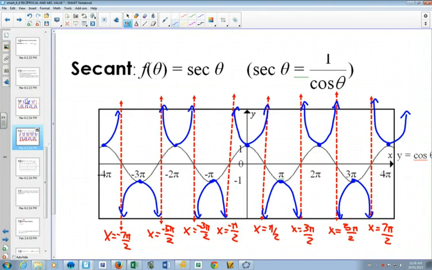And if we think about a point that we know on our unit circle, we know that cos of pi over 3 is a half. So you would know that secant of pi over 3 is 2 over 1.